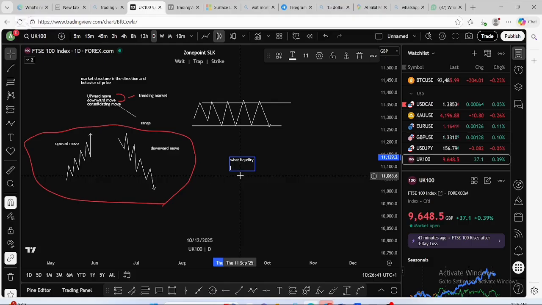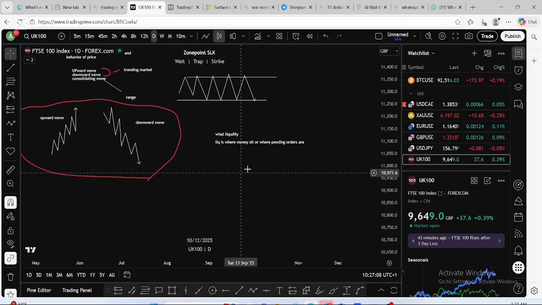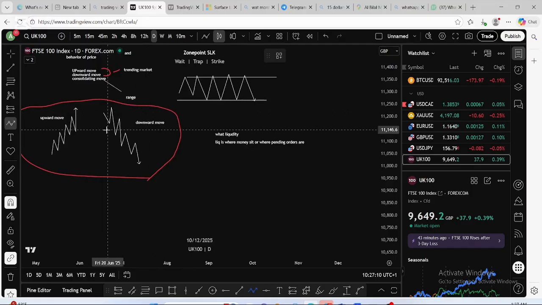Liquidity, in a very simple layman way, not to bother us with too much talk, is where money sits, or where pending orders are. Where money sits, in the sense that, let me use this market structure to explain.